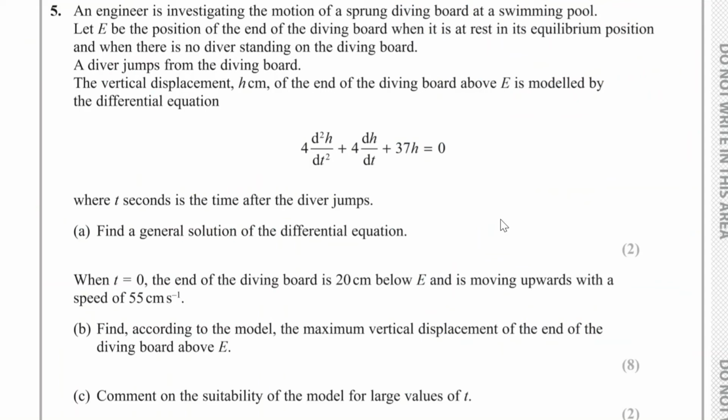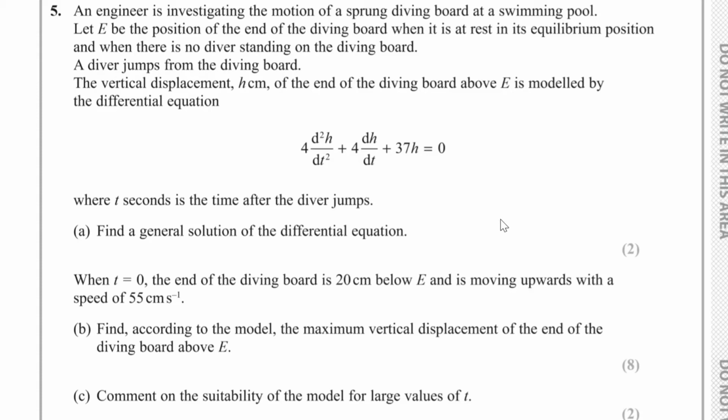Question number 5. An engineer is investigating the motion of a sprung diving board at a swimming pool. Let E be the position of the end of the diving board when it is at rest in its equilibrium position, and when there is no diver standing on the board. A diver jumps from the diving board.